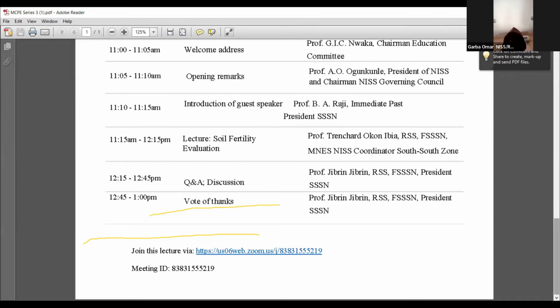The deficiency symptoms of nitrogen and sulfur in the fields are really very similar. So for you to be able to distinguish whether the deficiency is caused by nitrogen or by sulfur, you take leaf samples, go to the lab, and analyze. If the samples contain less nitrogen, then the deficiency is caused by nitrogen, and vice versa.